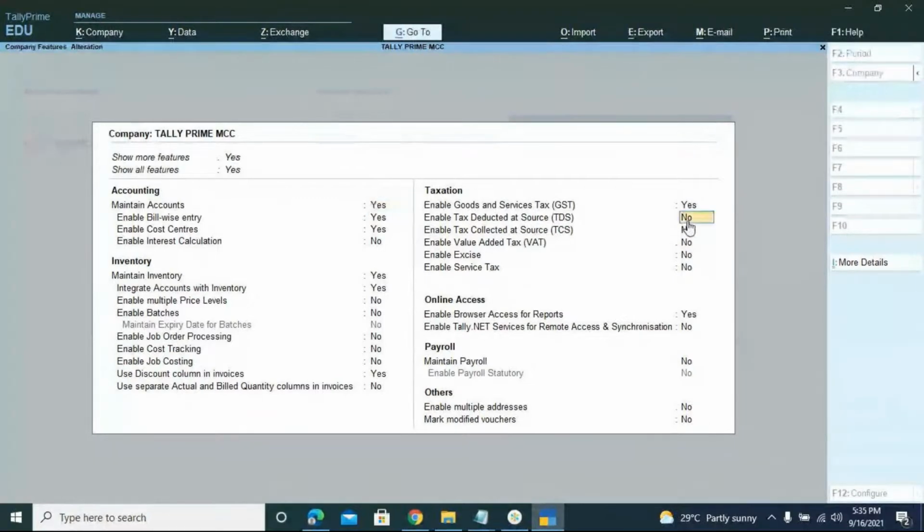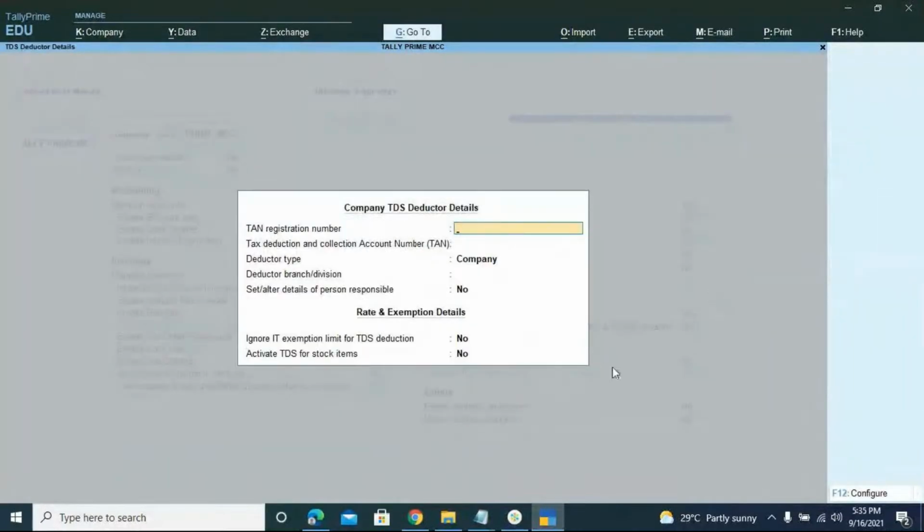It is No, so you activate it as Yes. If you press enter, you get the company's TDS deductor details: TAN registration number, TAN number, deductor type, branch, division.